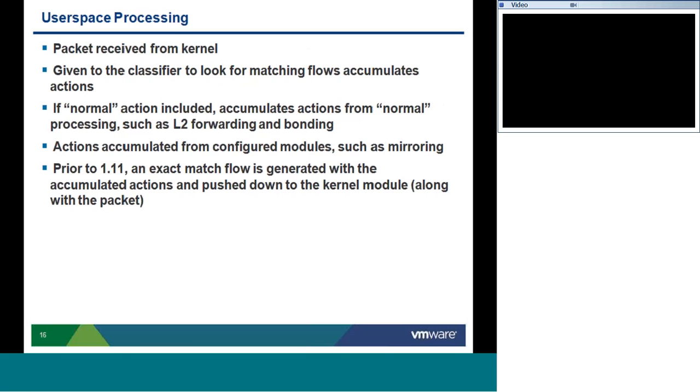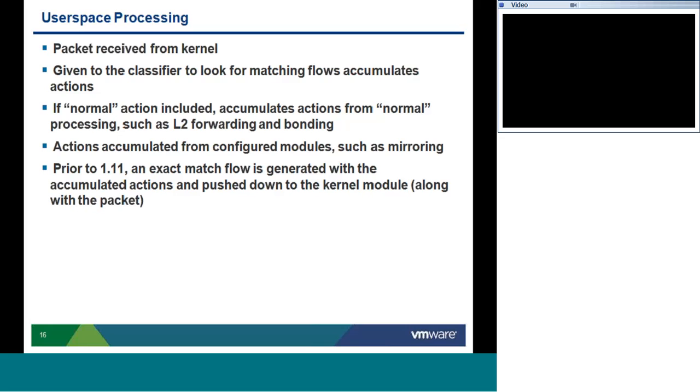All right, so the user space, this is the OVS ovs-vswitchd. We've gone over really all of this, but the packets get sent up to vswitchd. It looks at the classifier, which contains all the OpenFlow rules, and then it accumulates the actions that apply.